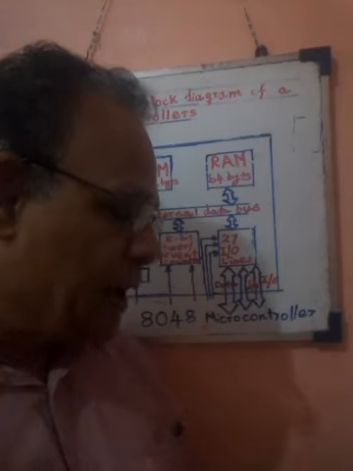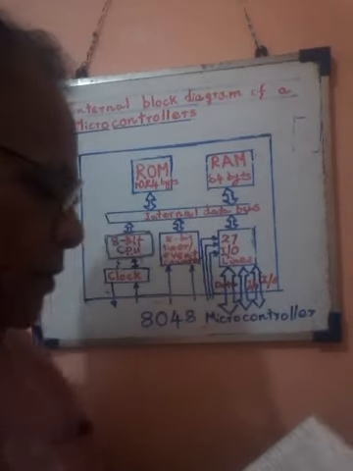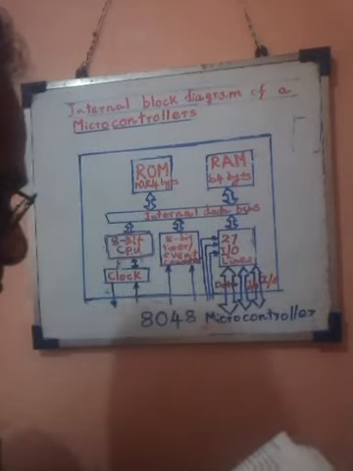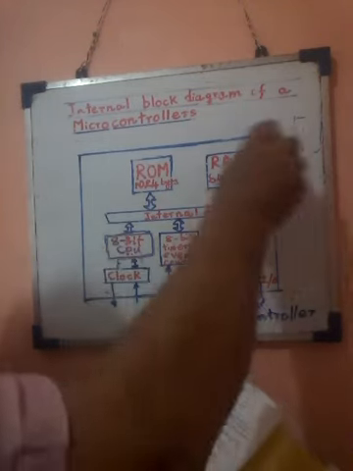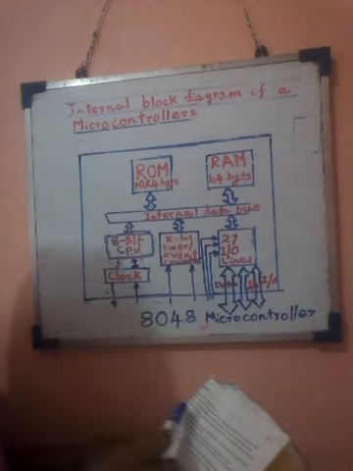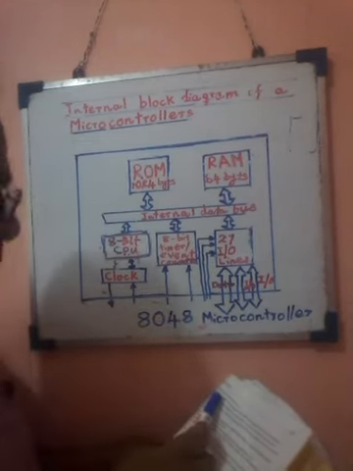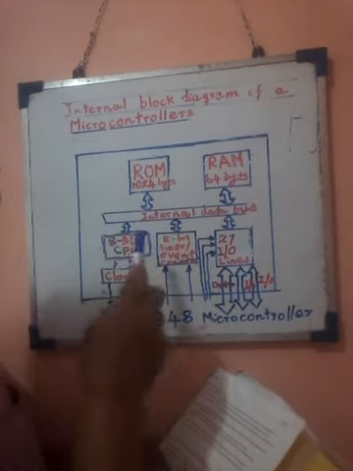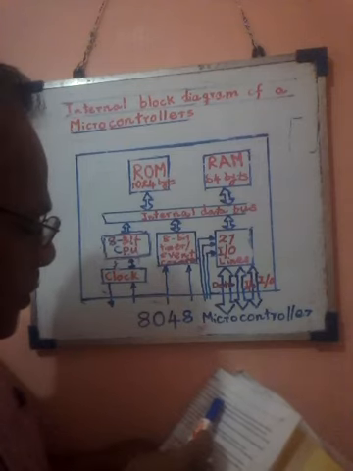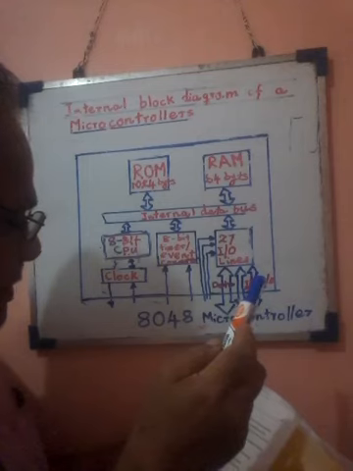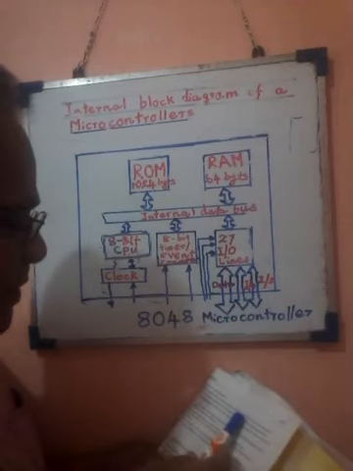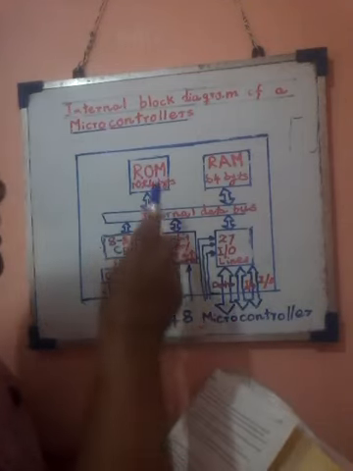Now I'm going to explain the function of the microcontroller. This is the block diagram of the microcontroller. A, ROM. This is the ROM. ROM holds the program that controls the operation of the microcontroller.